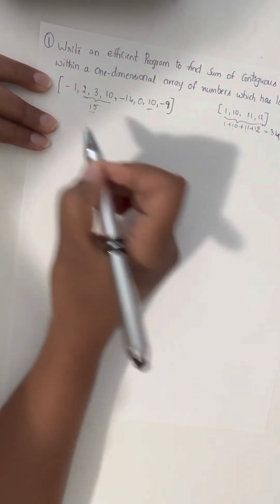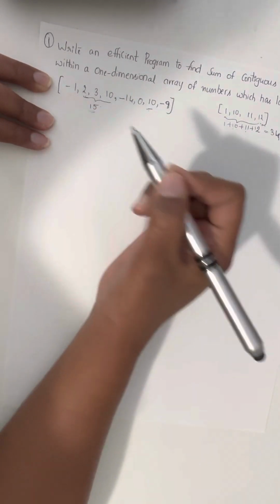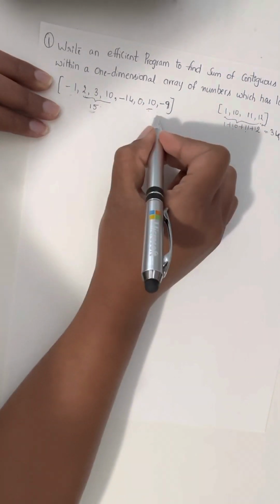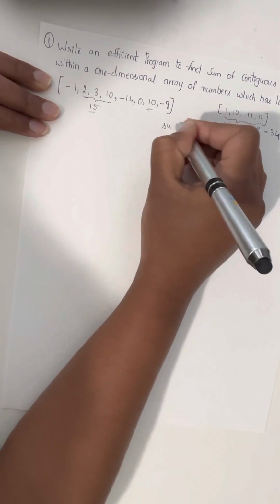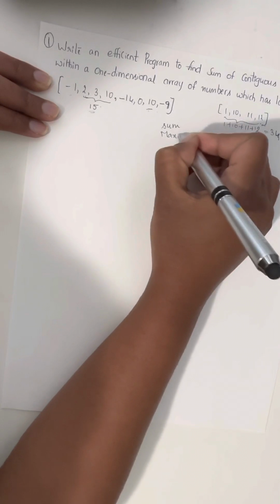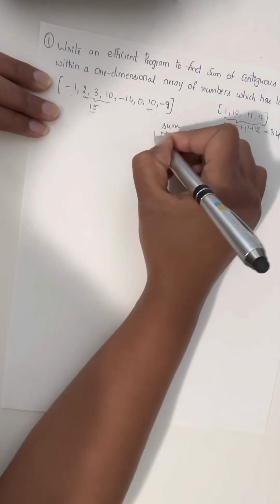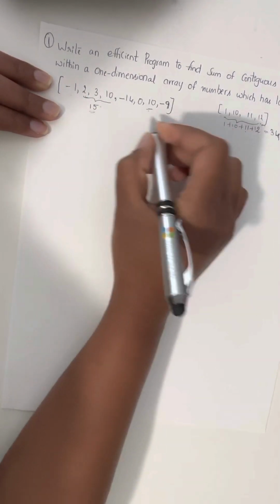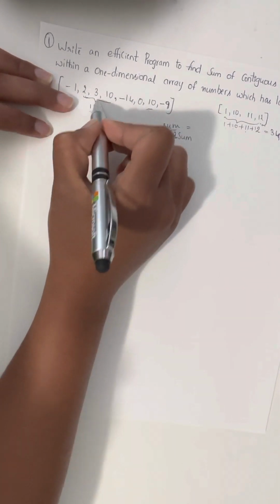What we can do is loop through the array, and let's assume two variables, sum and maxsum, or large sum, anything. In the sum, we are just going to add all the numbers.